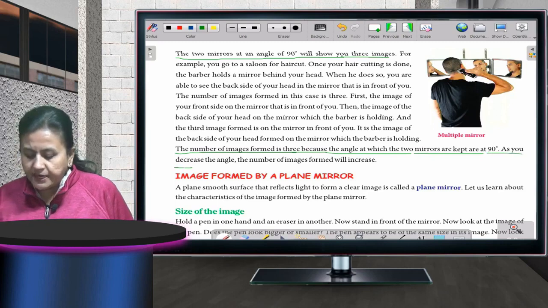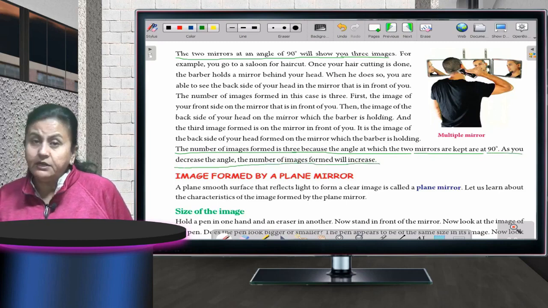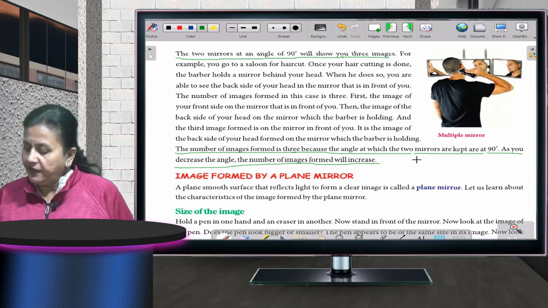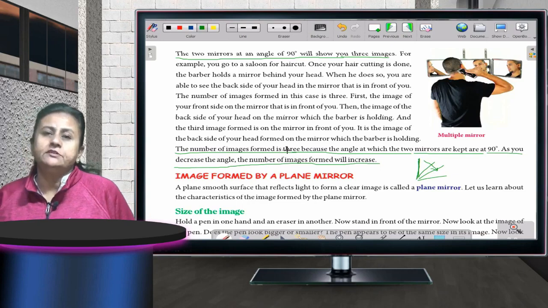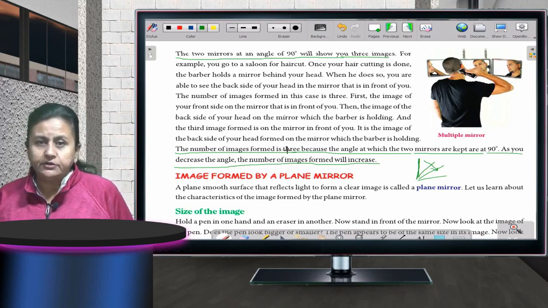As you decrease the angle, the number of images formed will increase. Just now, as I told you, in case the mirror is kept at 90 degrees and you now decrease the angle, the number of images formed will be increasing. Fine, children?